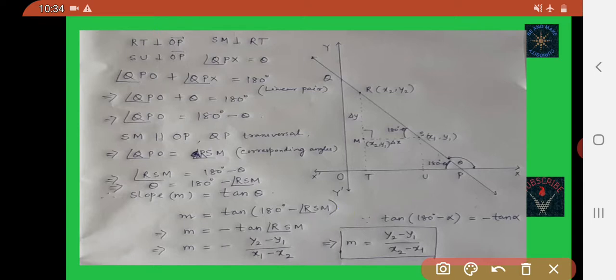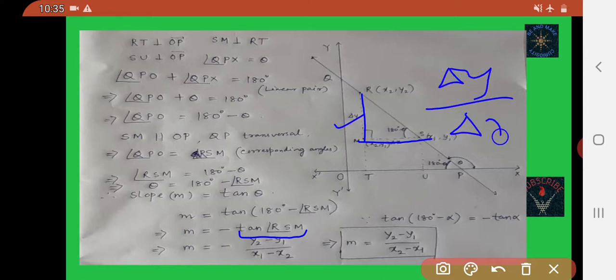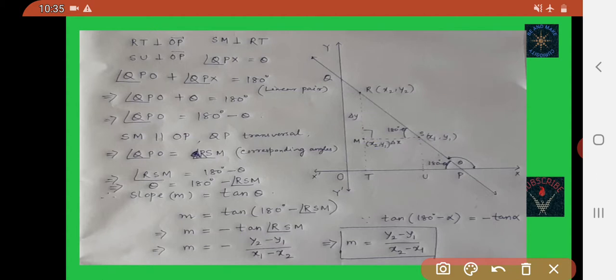Then tan RSM is equal to what? Vertical distance by horizontal distance, that is change in y by change in x. So change in y is y2 minus y1, and change in x is what?